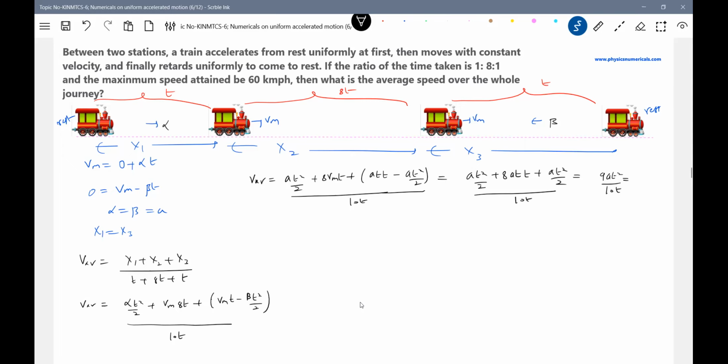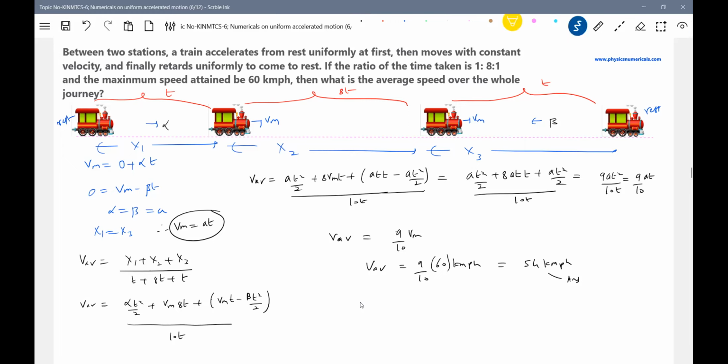So 9 by 10 of 8at. In place of 8at, I'm writing Vm. So V average equals 9 by 10 Vm. Vm is 60 kilometer per hour. So 9 times 6 is 54. 54 kilometer per hour will be our answer.